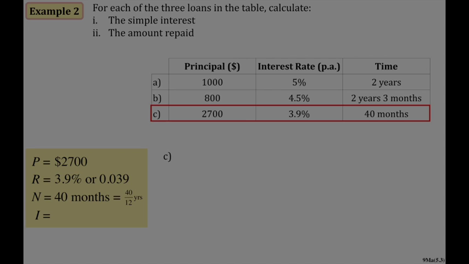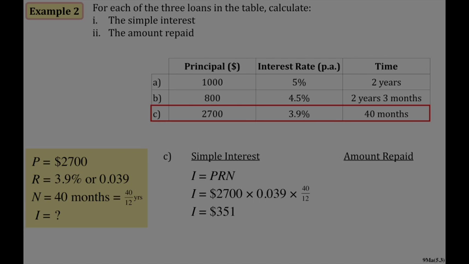To convert months to years, you just put it over 12. The interest is what we are looking for. So we know our formula, we know P, R and N now. So it's 2,700 times 3.9% times 40 over 12. Put that into the calculator. And for this loan, you are going to be charged $351 interest.